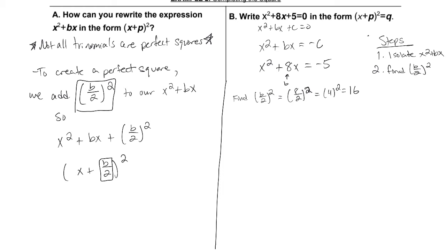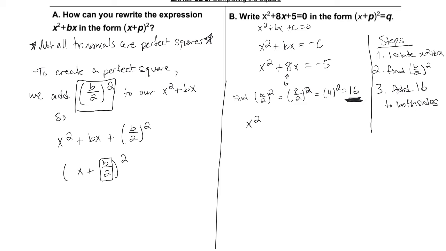Now our third step: we got b over 2 squared is 16, so we need to add 16 to both sides.